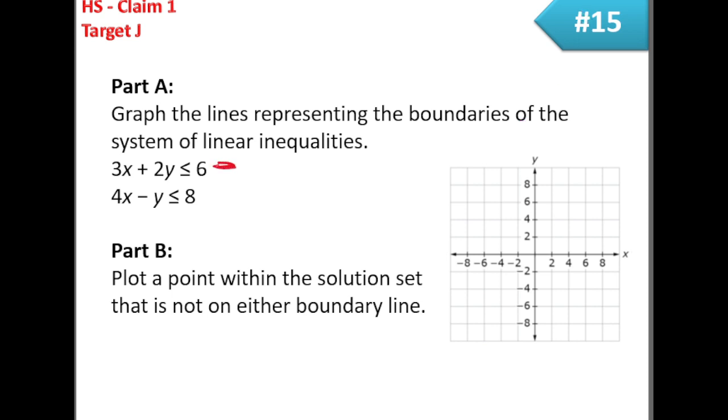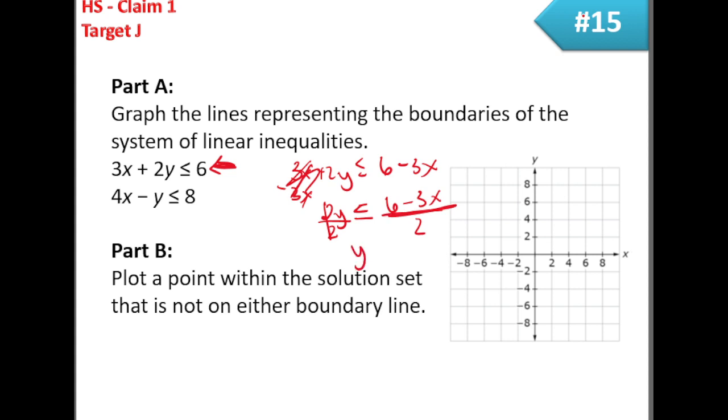I want to isolate y here. So what I would do is 3x plus, let me rewrite it. So I would subtract 3x from both sides. So that's 2y less than or equal to 6 minus 3x, divided by 2. So if I divide by 2, I divide the whole thing.